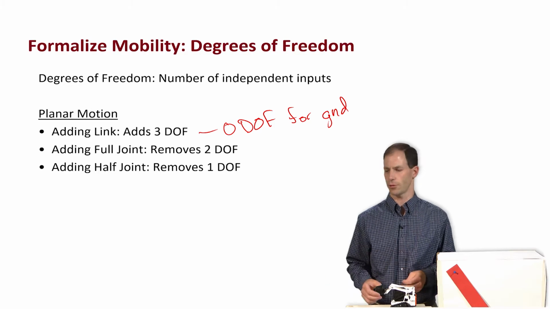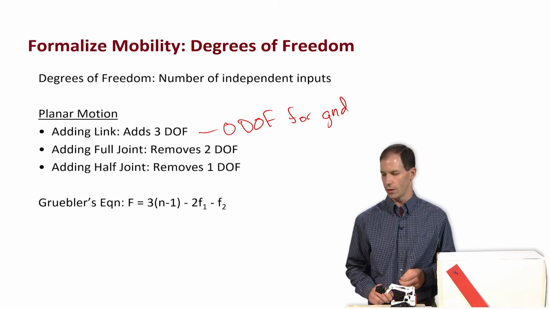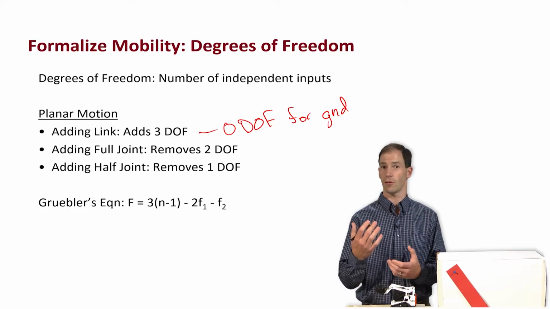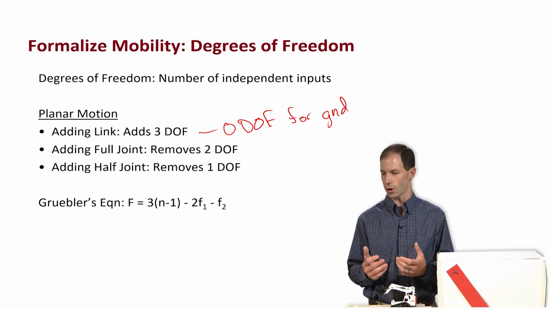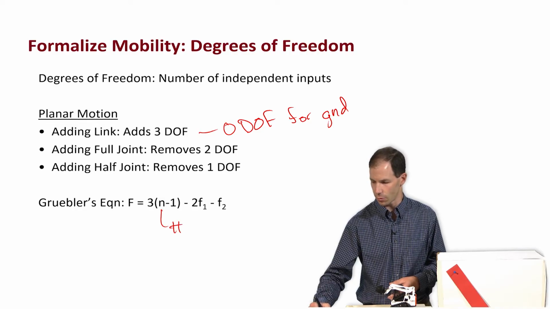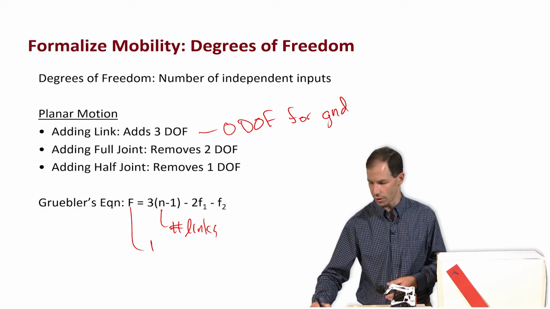So let me put all this into an equation to describe this, and this is Grubler's equation. You'll notice Grubler's equation really follows that same set of bullets that I just talked through, where first of all I'm looking at the number of degrees of freedom. This is the number of links. F, which was originally saying, this is the number of degrees of freedom.